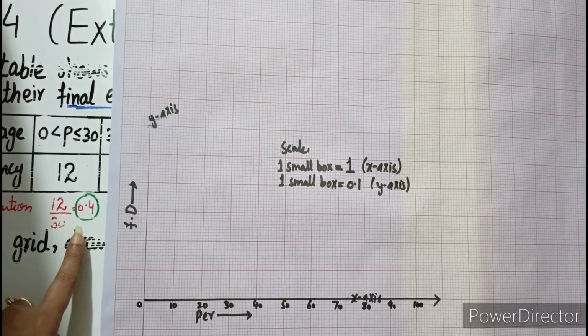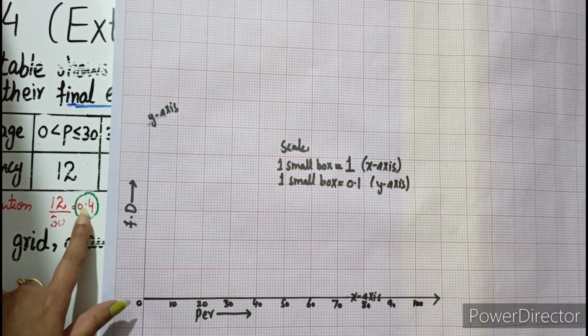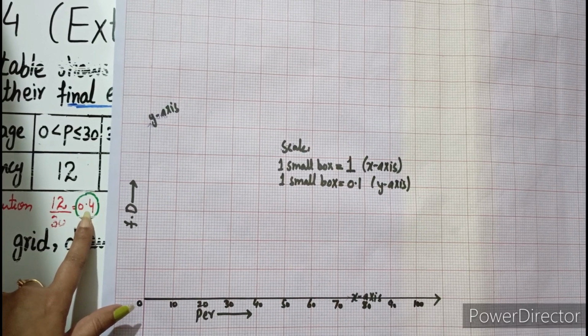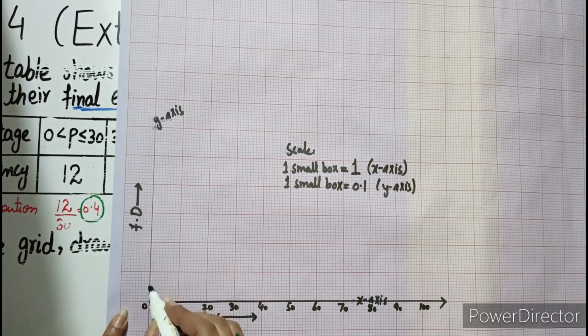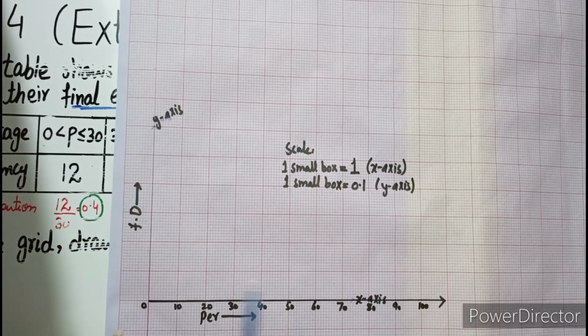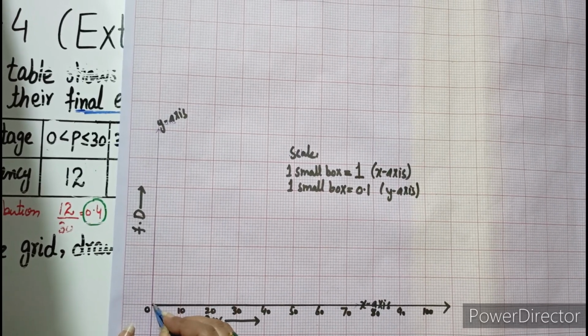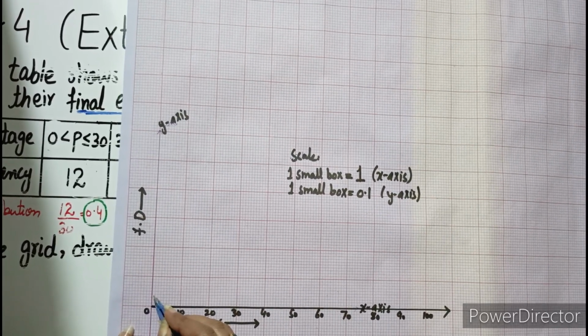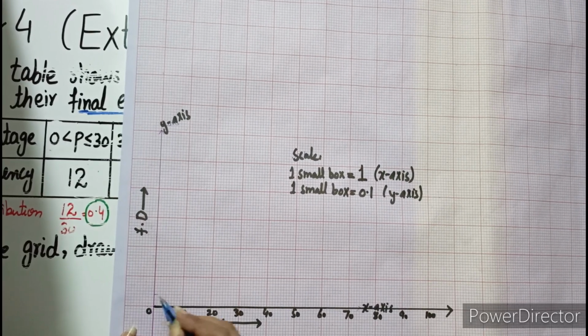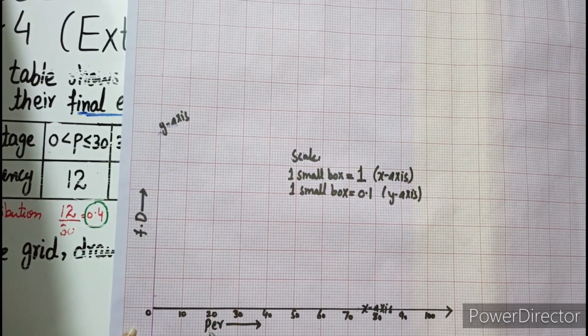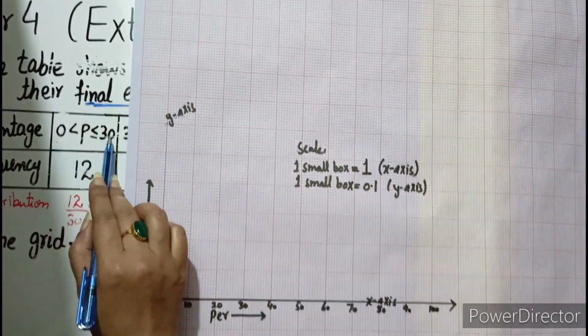Now take the first frequency distribution, that is 0.4. It means you have to take 4 blocks along the y-axis. If I make it clear, 1, 2, 3, 4. This is the line for the 4th block, and you have to take the frequency from 0 to 30.